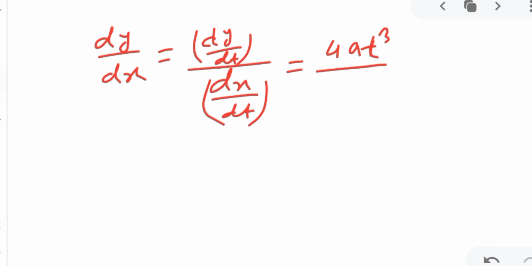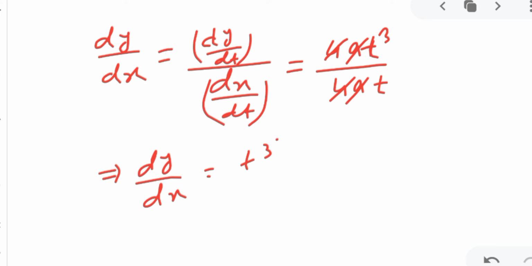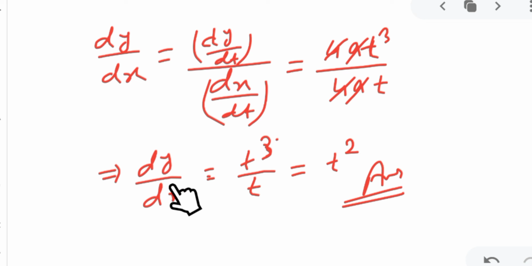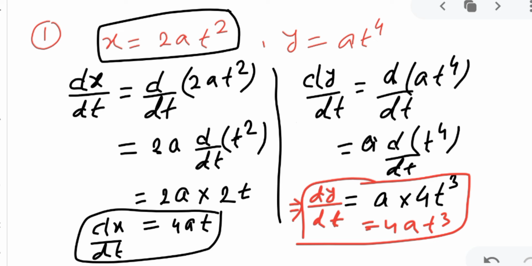So 4 cancelled, a cancelled, and the result is t cube upon t, which I can write as t square, because the base is the same, so the powers get subtracted, 3 minus 1 is 2. So the answer will be t square. This is the dy upon dx we had to find in that question. So this is the first question.